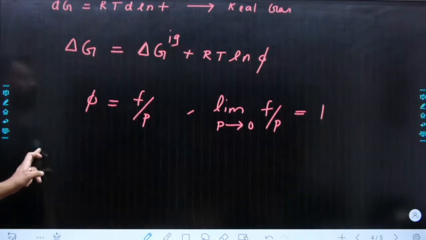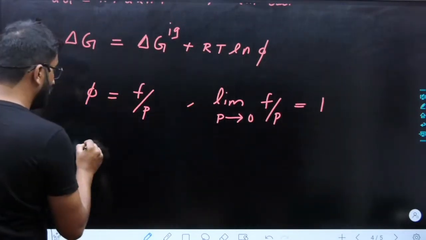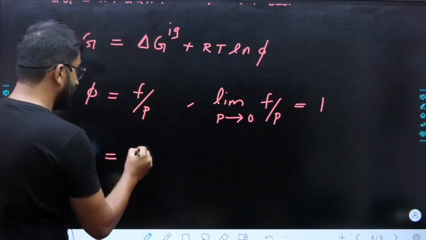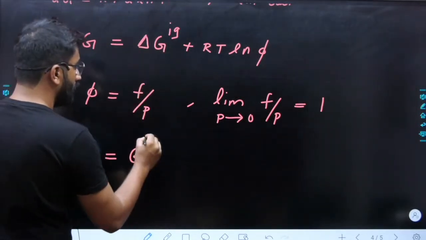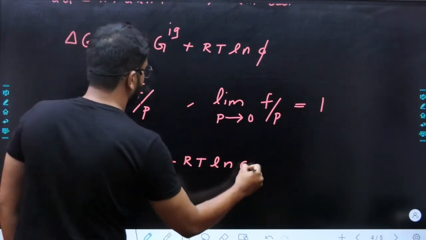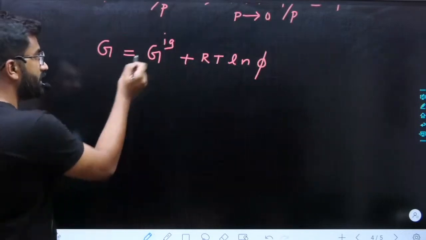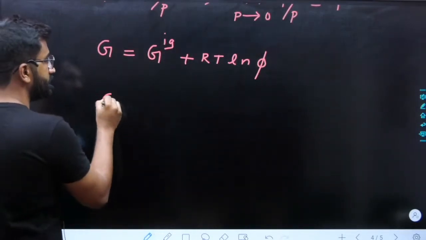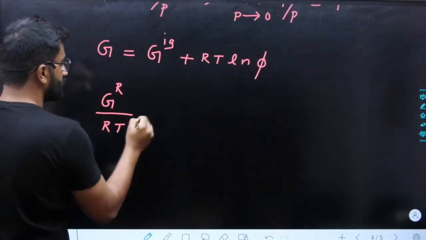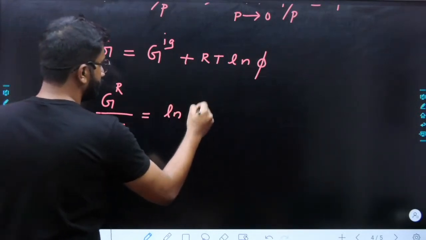Now if you take a standard state, real gas G will be equal to ideal gas G plus RT ln phi. So here G minus G ideal gas is known as G residual. So G residual by RT is also equal to ln phi.